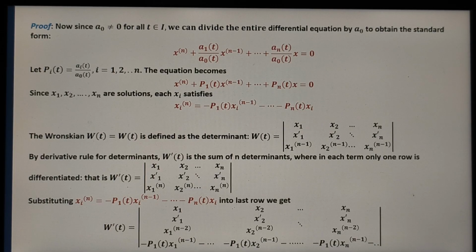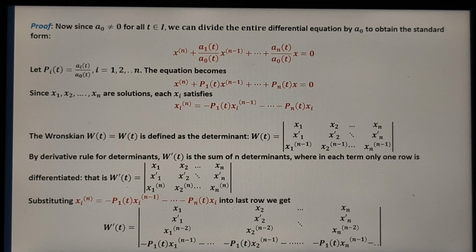If we consider pi equal to ai by a0, that means p1 equal to a1 by a0, p2 equal to a2 by a0, and so on. So the above equation becomes x^(n) plus p1 x^(n-1) plus ... plus pn x equal to 0.